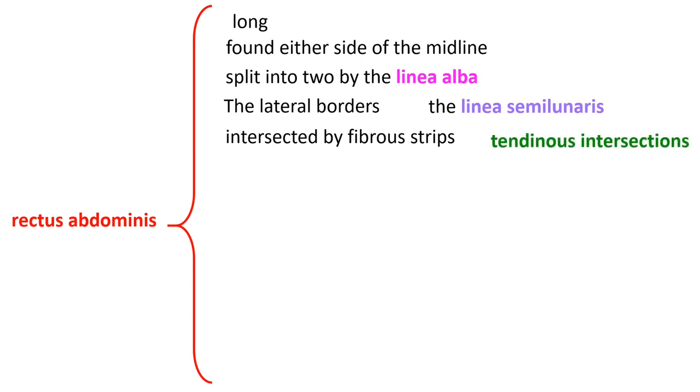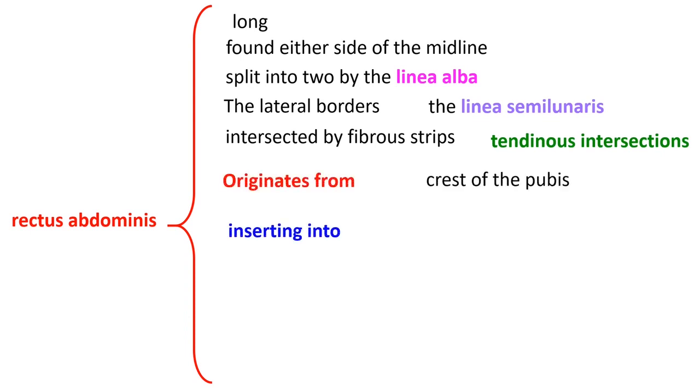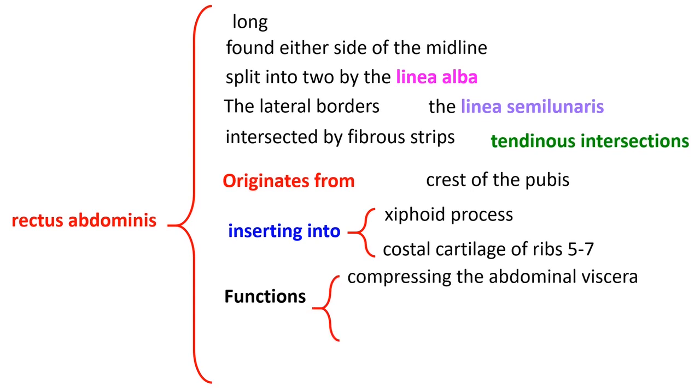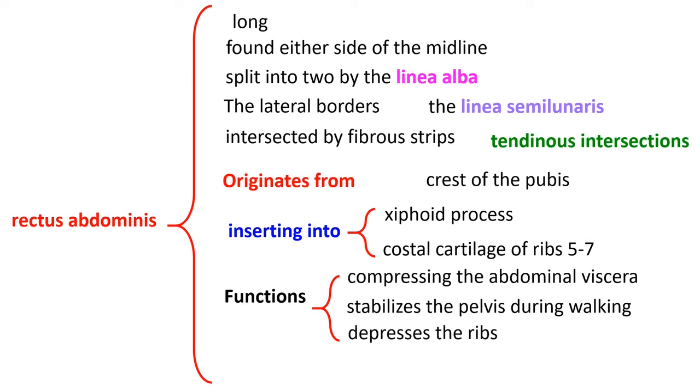These are called tendinous intersections, and it comes from the crest of the pubis, inserting into the xiphoid process and costal cartilages of ribs 5, 6, and 7, and its function is compressing the abdominal organs and stabilizing the pelvis during walking, and depressing the ribs.